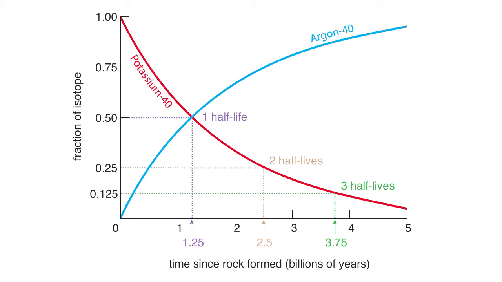You can now see how radiometric dating works. Suppose you find a rock and measure that among its total potassium and argon atoms, only 12.5% are potassium-40, while 87.5% are argon-40. You can then conclude that the rock is 3.75 billion years old.